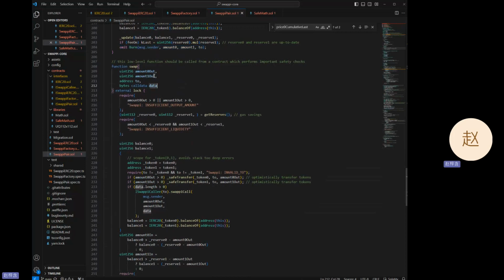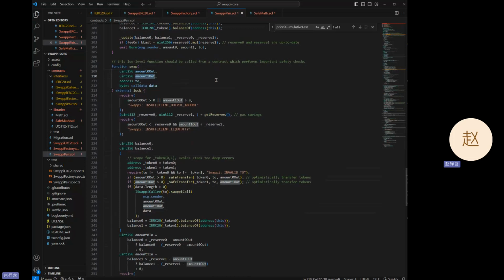Next step is swap. So it's swap from token 0 to token 1, or token 1 to token 0. So here you must identify how much amount of token you want to take out.